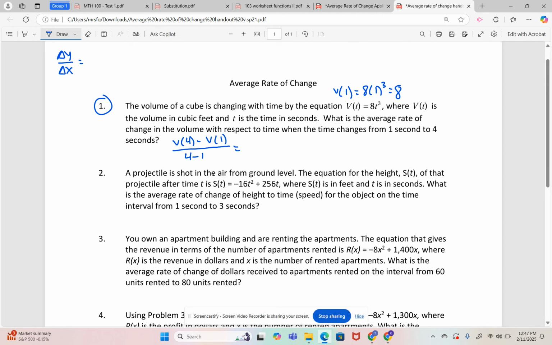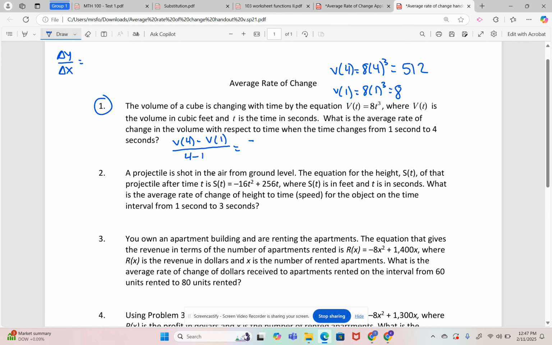Now we also need to find V of 4. So we substitute 4 into the equation. And 4 cubed would be 64 times 8 is 512.